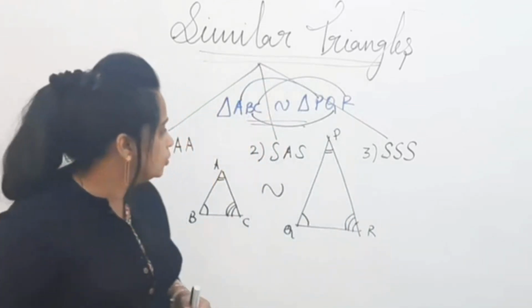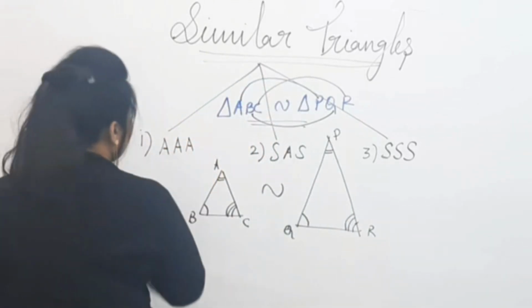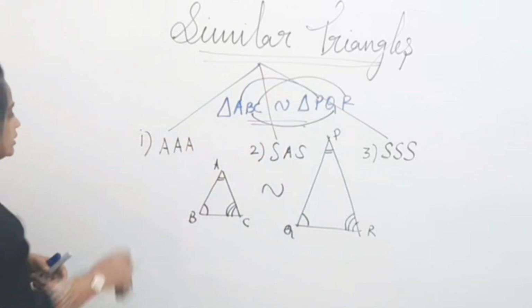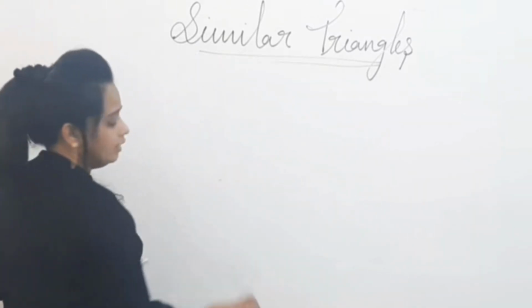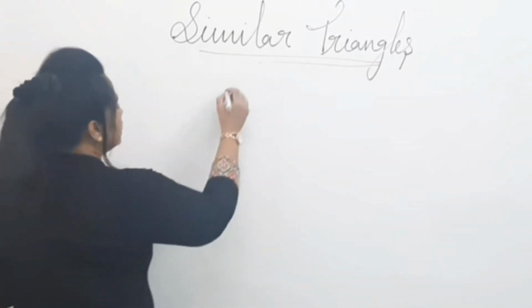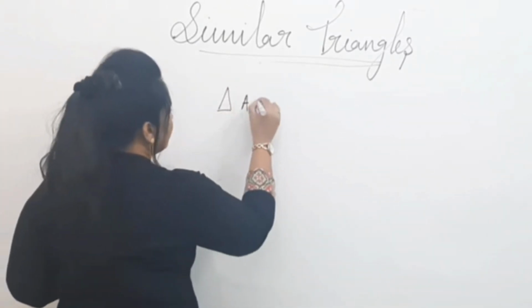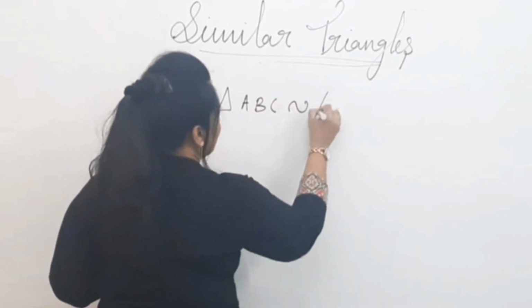I would like to write this similarity: triangle ABC is similar to triangle PQR.